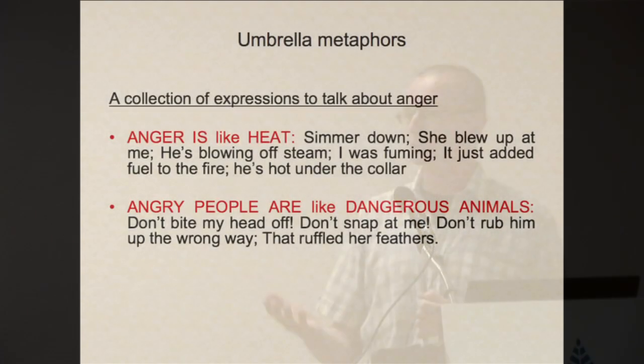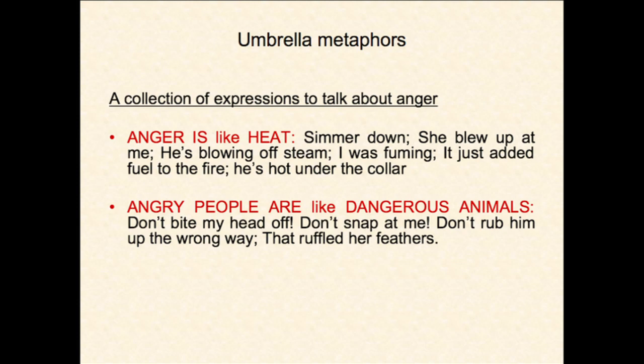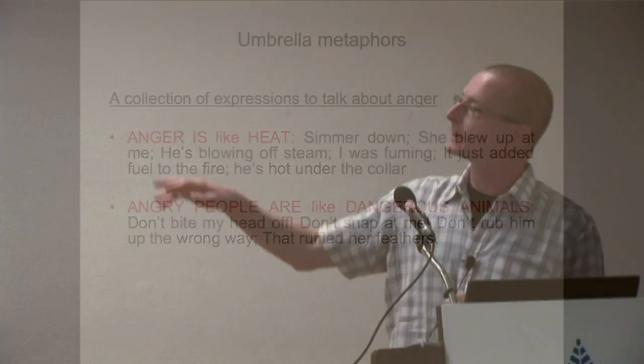We describe angry people as if they were dangerous animals, because angry people tend to be dangerous. Interestingly, although these are metaphors that are quasi-universal, the linguistic expression of the metaphors, of course, varies across different languages. If you take the expression "don't bite my head off," in Dutch I would say "don't bite my nose off," for example.